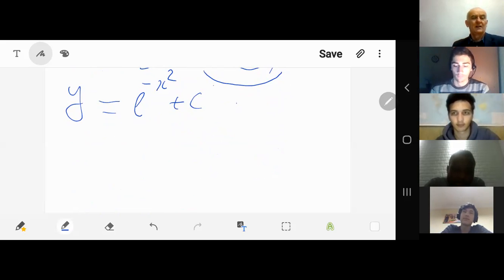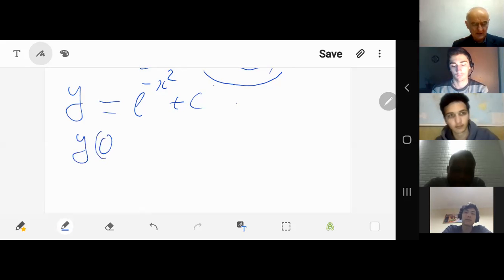Now we need to find one particular function which satisfies the condition. And what is this condition? y of 0 equals 3.